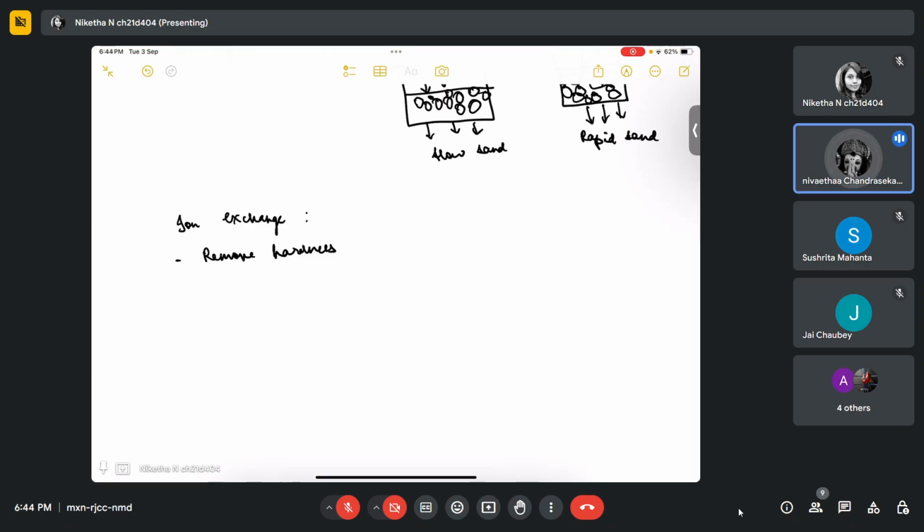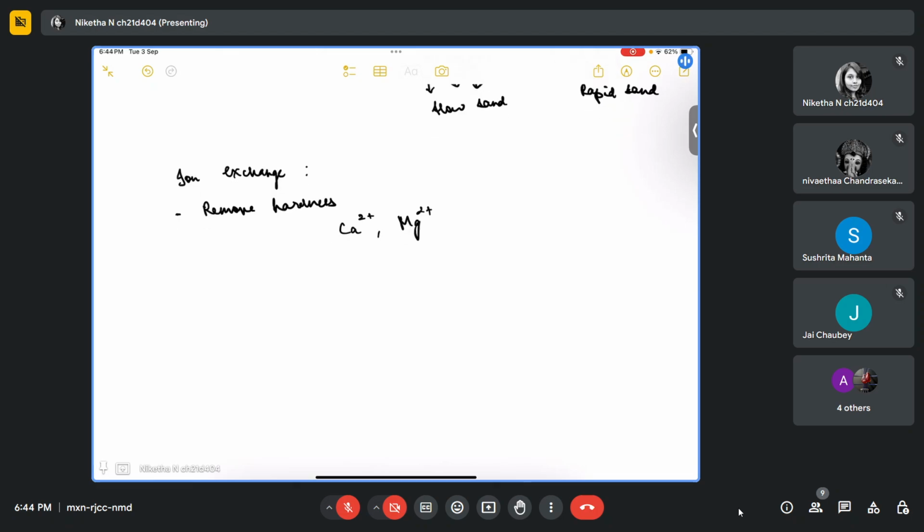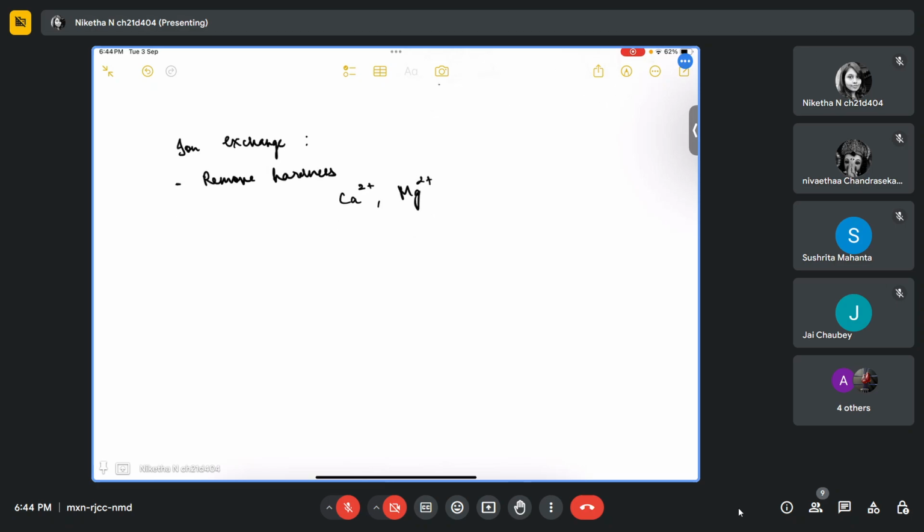Ma'am, carbonates and bicarbonates of calcium and magnesium. So carbonates, bicarbonates, and even sulfates of calcium and magnesium will cause hardness in water.